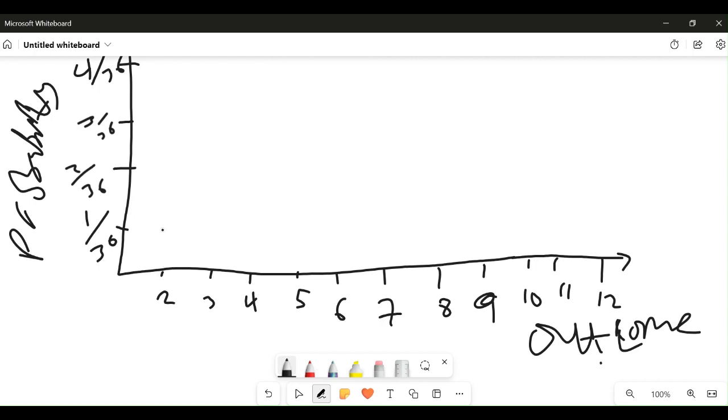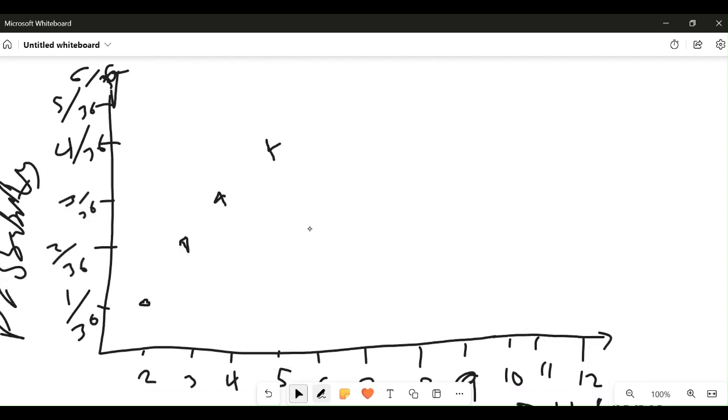Now, probability of having a sum of two is what? 1/36. But having a sum of three is what? 2/36. Having a sum of four is 3/36. Sum of five is 4/36. Now, probability of having a sum of six, that's 5/36.